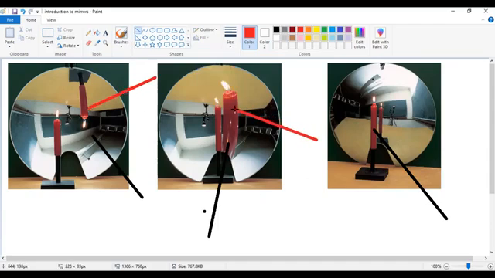Or the height and width of the image is more as compared to you, or the image of you inside the mirror is smaller as compared to the object placed outside. So students, such mirrors are known as spherical mirrors.